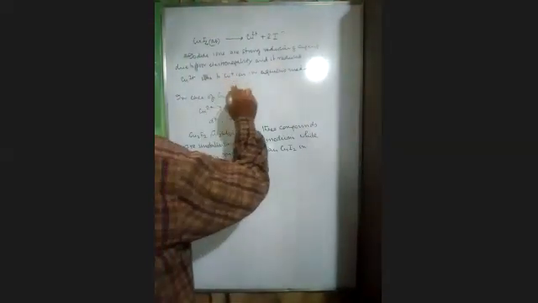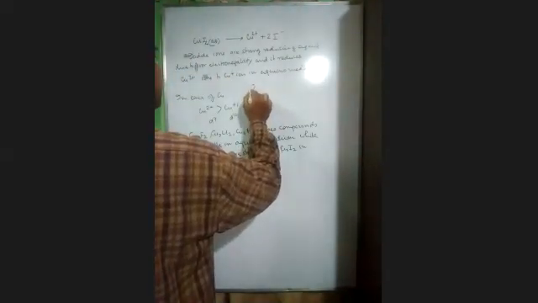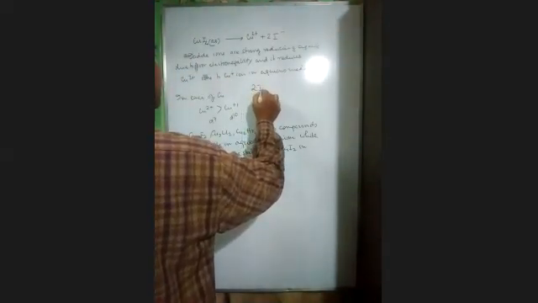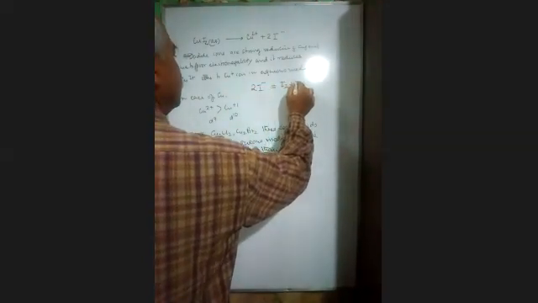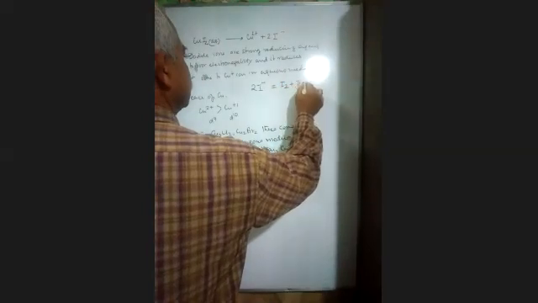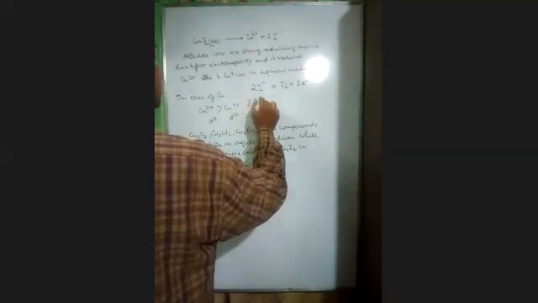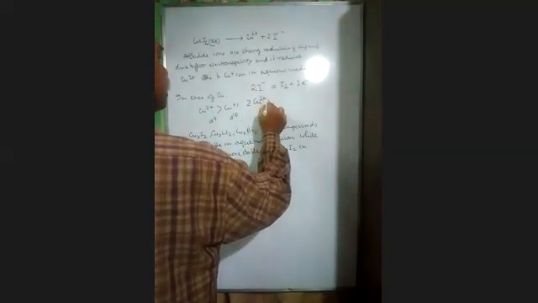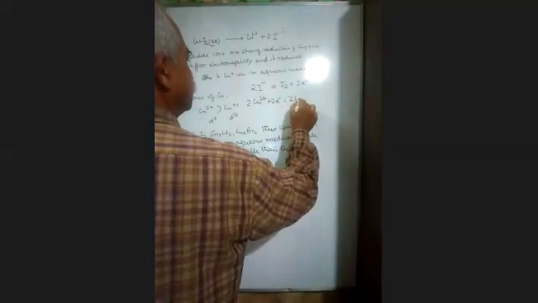See what happens. Right now here, 2I minus gives I2 plus 2e. And 2Cu2+ plus 2 electrons gives you 2Cu+.